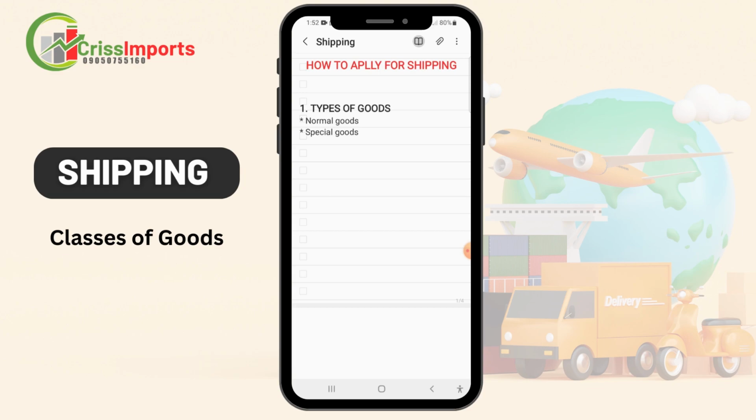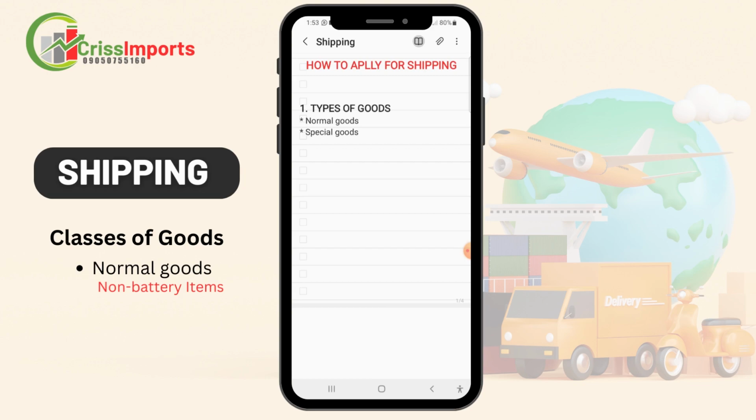So what kind of goods do you want to buy when you get to 1688? There are two categories of goods. The first category is the normal goods. Normal goods are all the goods, anything that doesn't have liquid inside, anything that doesn't have battery inside, anything that's not medicine. If you want to shop for clothes, for shoes, for bags, it could be anything that doesn't have a battery inside.